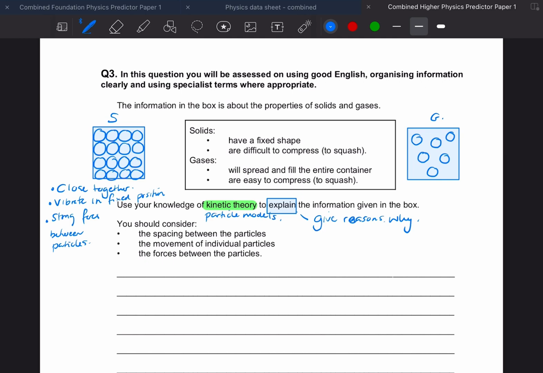So let's do the same for the gas. So the particles are spread far apart. The movement is random movement in all directions.